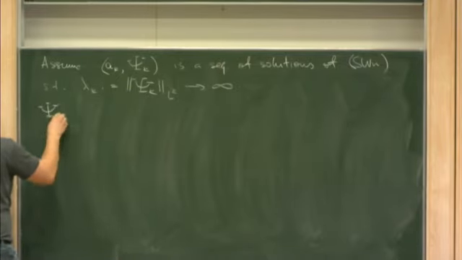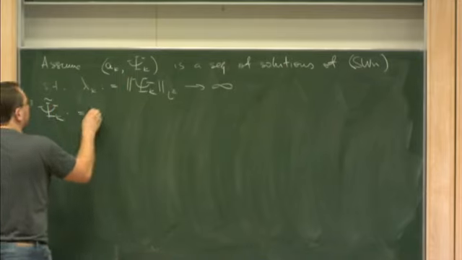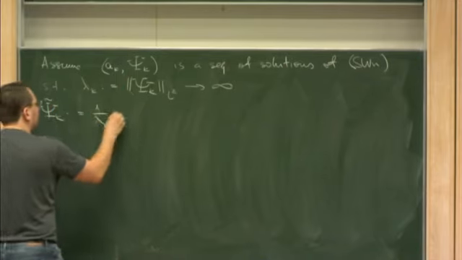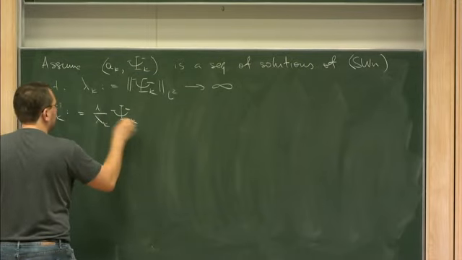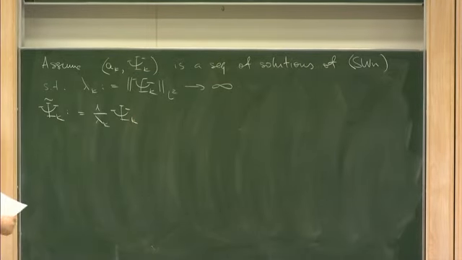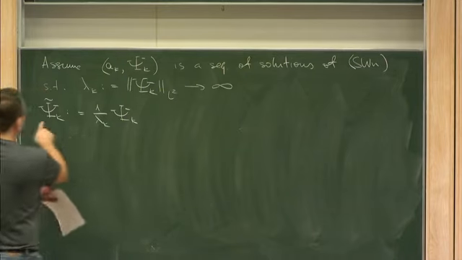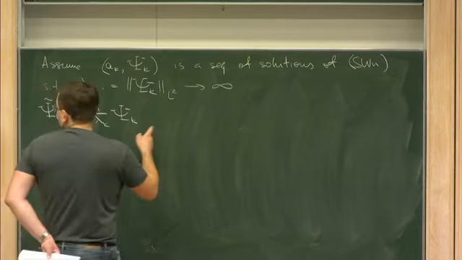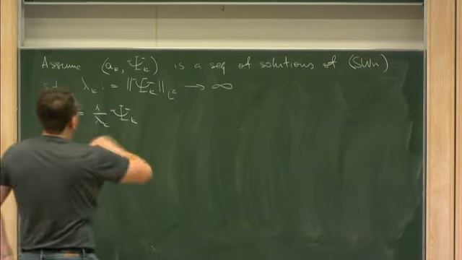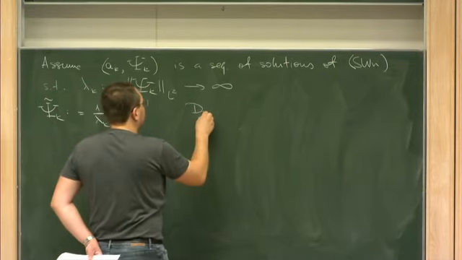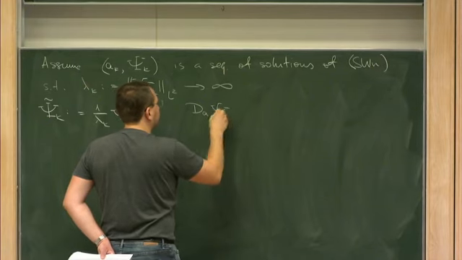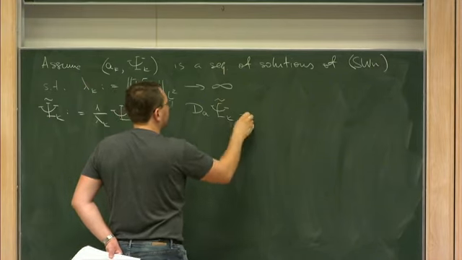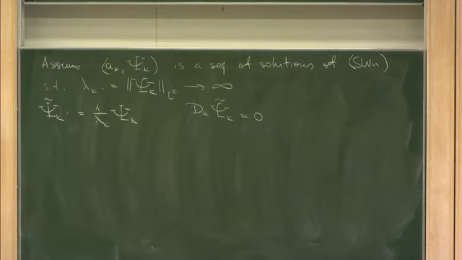So I'll denote by psi_k twiddle to be 1 over lambda_k psi_k. And so what does this satisfy? Well, the first equation can be renormalized easily because it's linear in psi, right? So I can just put twiddle here.